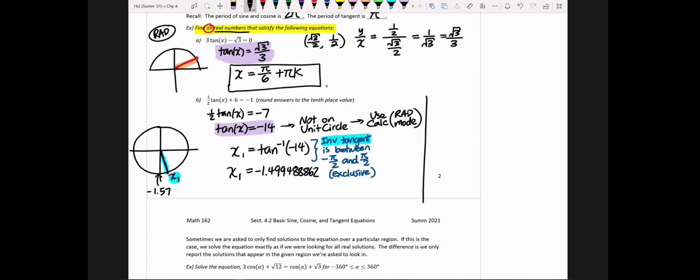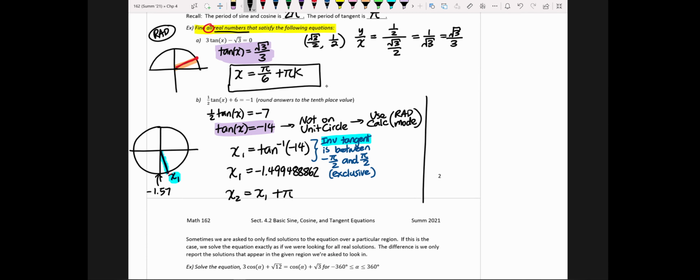So let's see here. To get the solution between 0 and 2 pi, or actually now we want the solution between 0 and pi, all we need to do is to add one period. So if we add one period, to get another solution, we're going to take x1 plus pi, because x1 is negative 1.49.